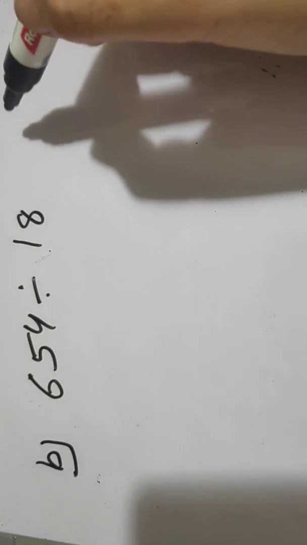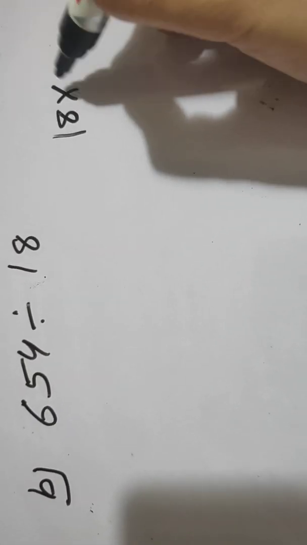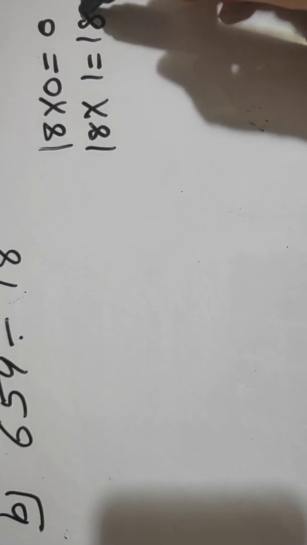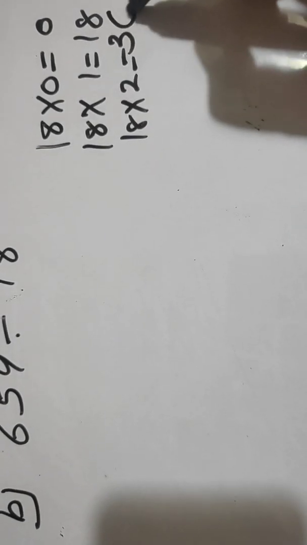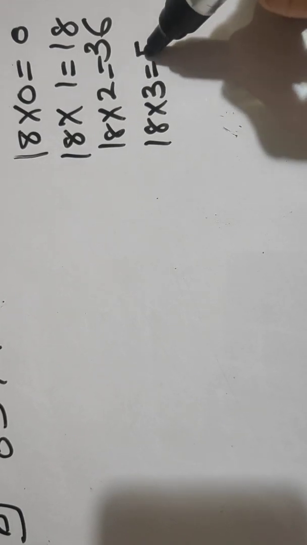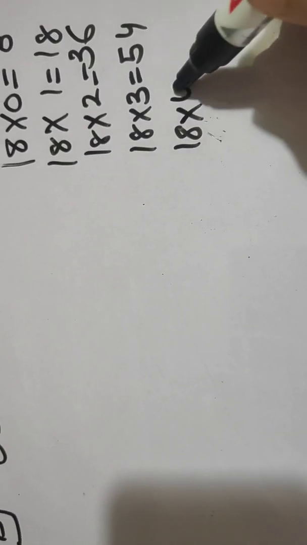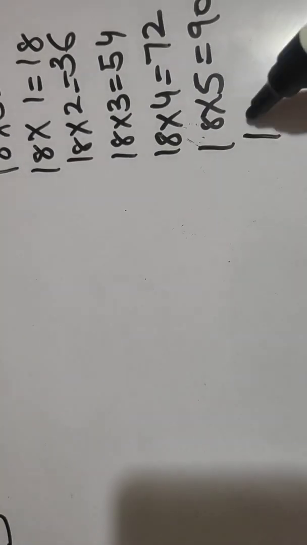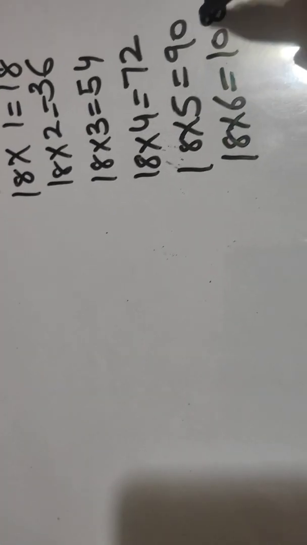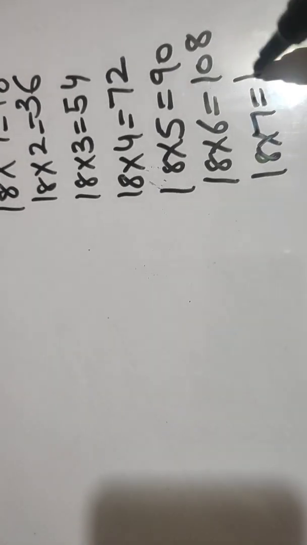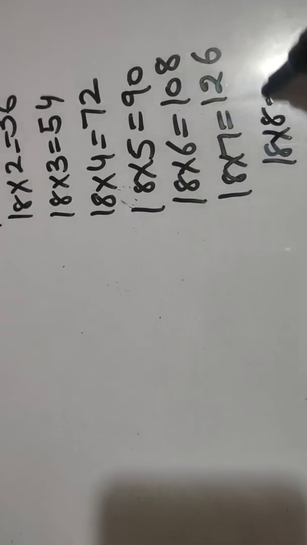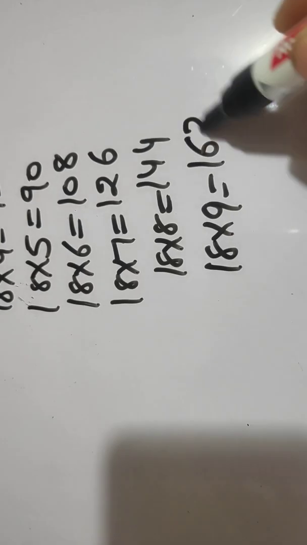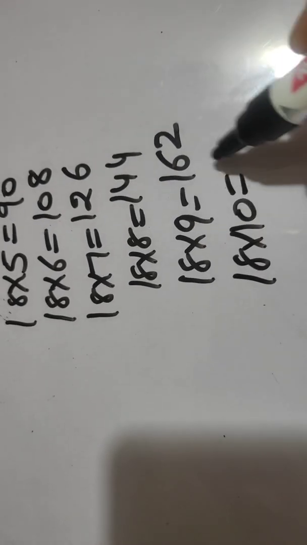Then first of all I will write the table of 18 here and I will start from 18 zeros. 18 zeros are 0, 18 ones are 18, 18 twos are 36, 18 threes are 54, 18 fours are 72, 18 fives are 90, 18 sixes are 108, 18 sevens are 126, 18 eights are 144, 18 nines are 162 and 18 tens are 180.